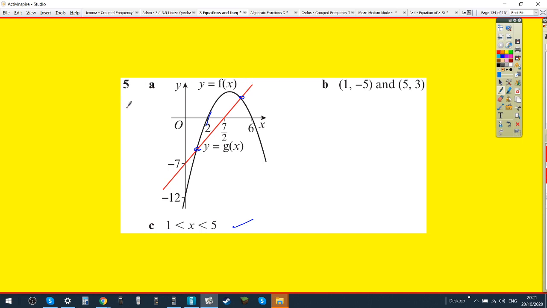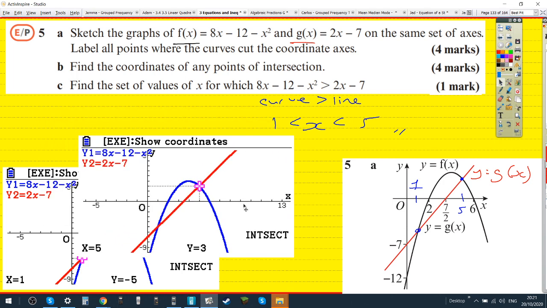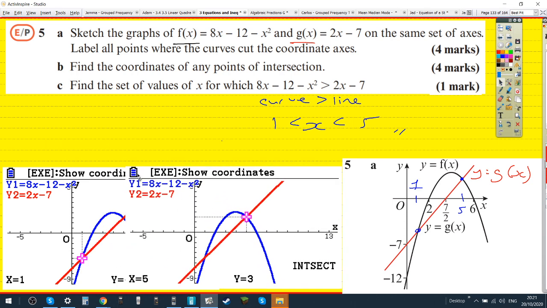Okay. Any questions about that? So, when it comes to these graphs, quadratics and linear together, you have to base it on the height of it crossing over. Because with the linear it's either left or right, but with this it's up.